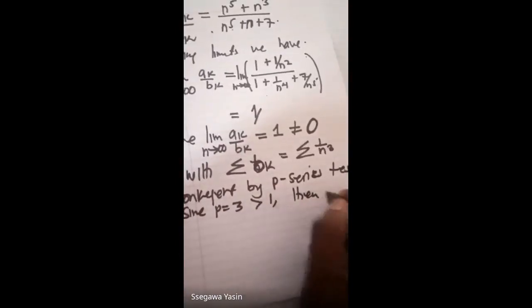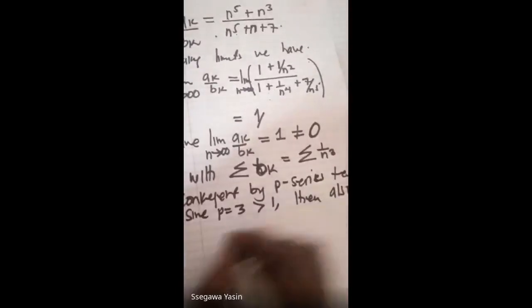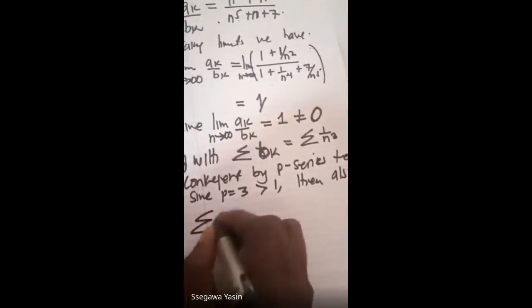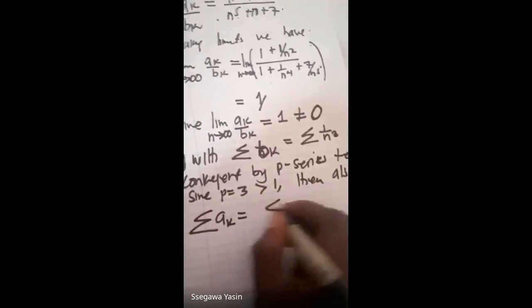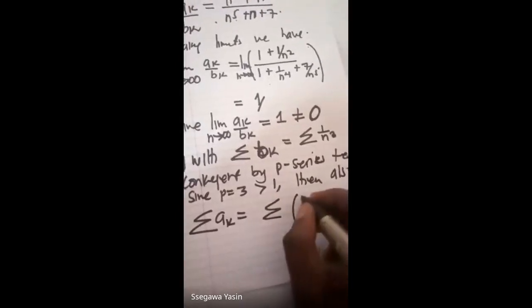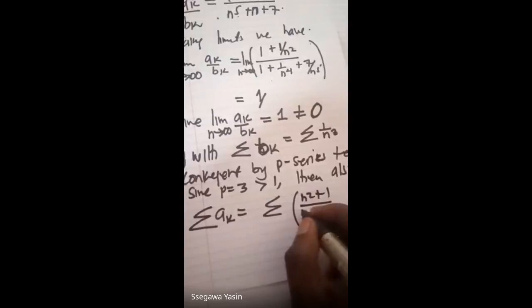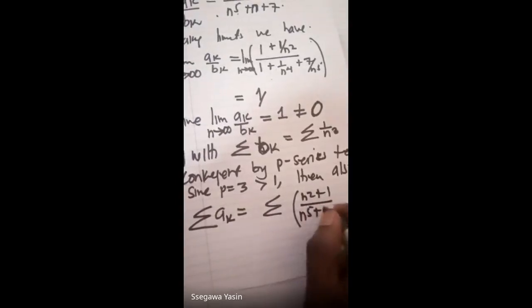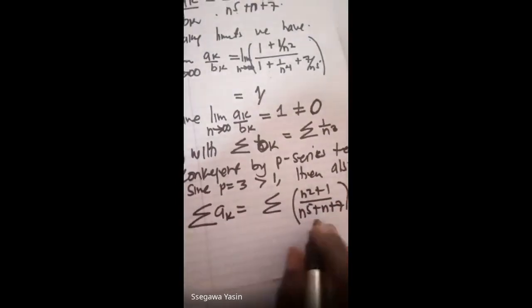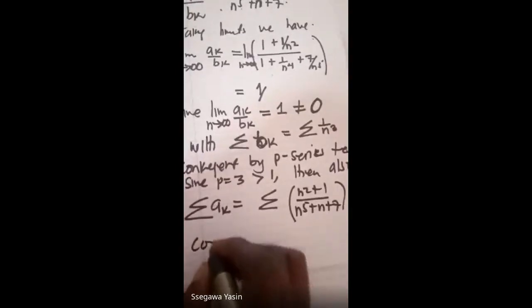Then also the sum of a_k, which is the sum of n squared plus 1 over n to the 5 plus n plus 7, converges.